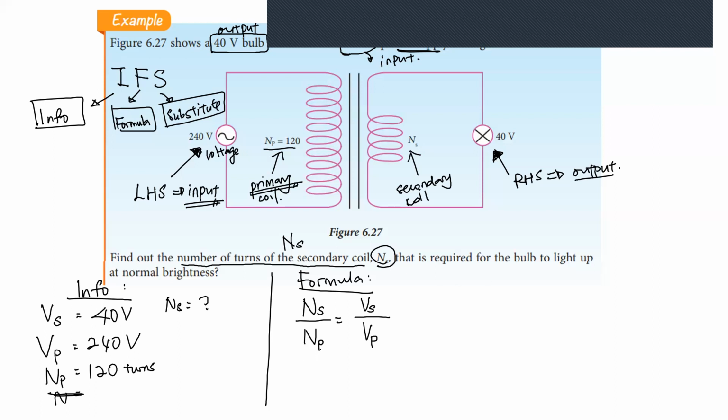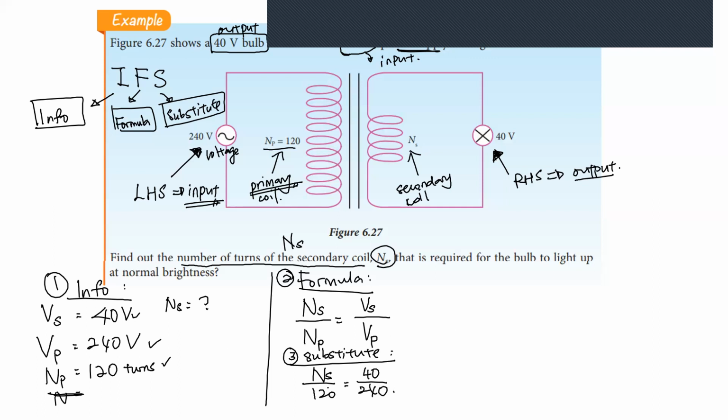Okay, so next let's substitute. Number 1, info. Number 2, formula. Number 3, substitute. Then Np will be 120. Vs will be 40. Vp will be 240.